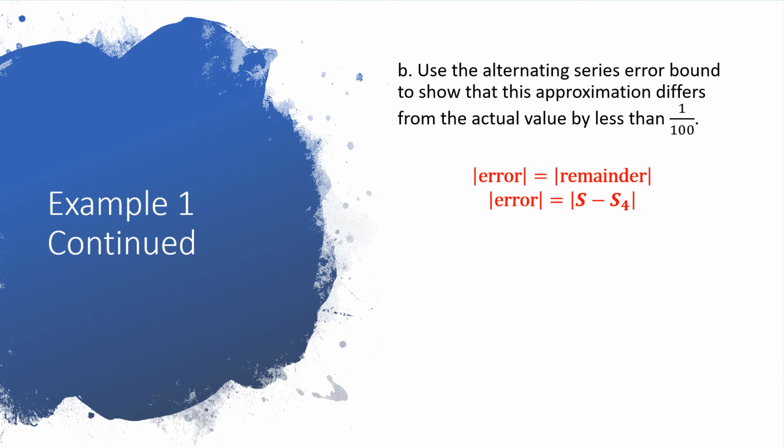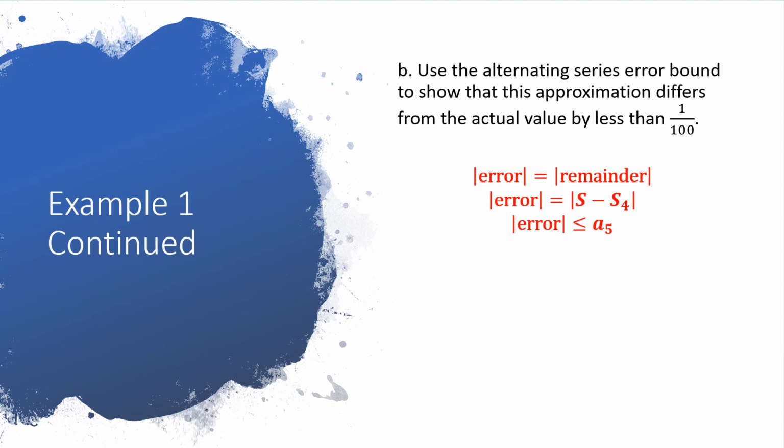So our error is the difference between the true value and the approximation using 4 terms. Using the alternating series error bound, we know that the error has to be less than or equal to the next term. If I use 4 terms for my approximation, then I need the 5th term to figure out what my error is less than or equal to.